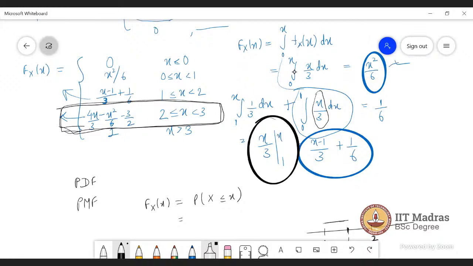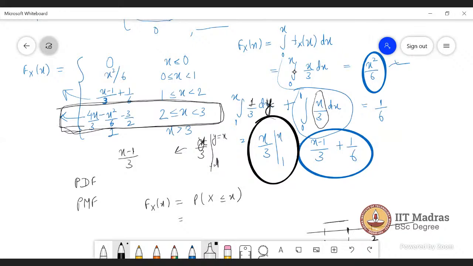See, after you do the integration, you got x by 3. To avoid the confusion, let's say this is some other variable y. So this is y by 3, and y is varying from 1 to x. So this part will be x minus 1 by 3, right?